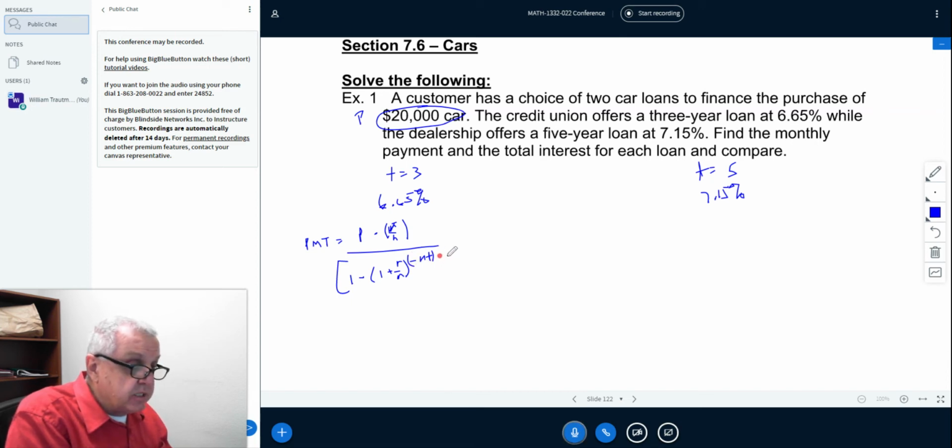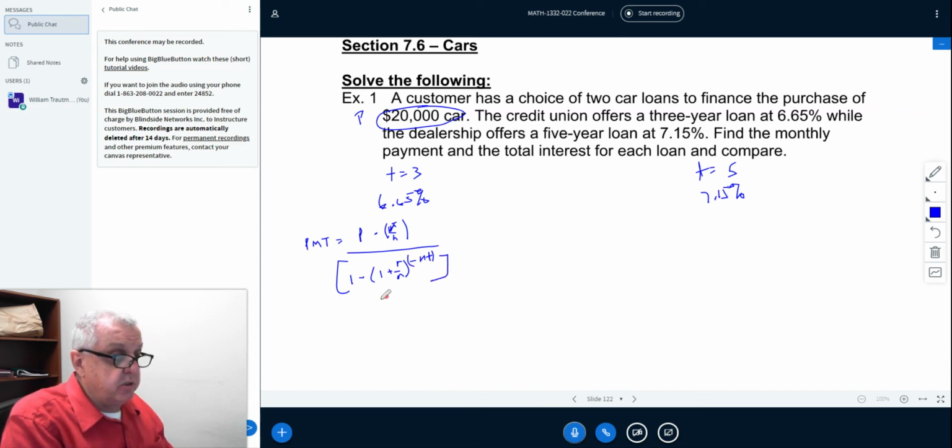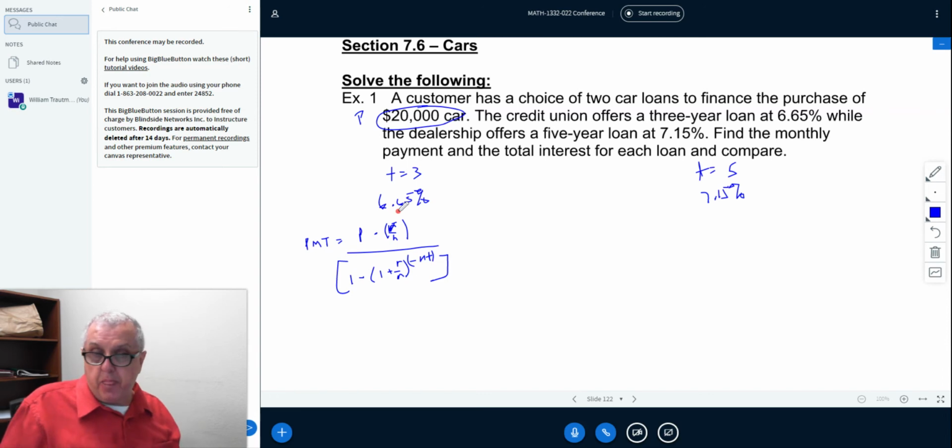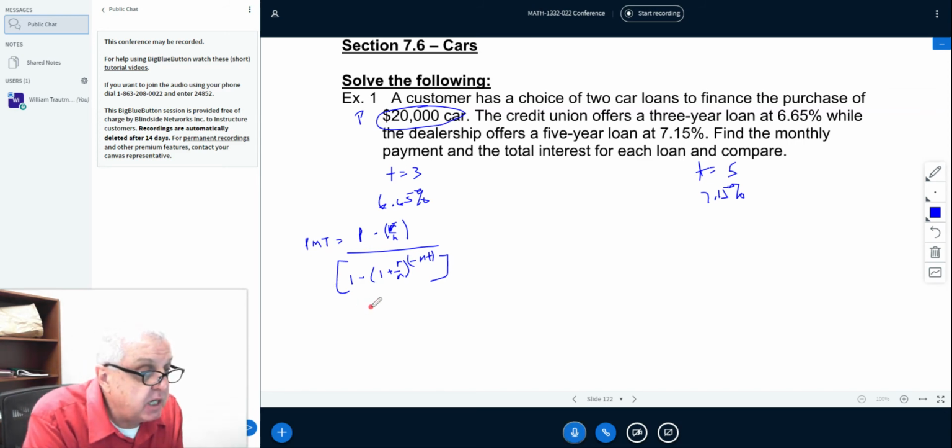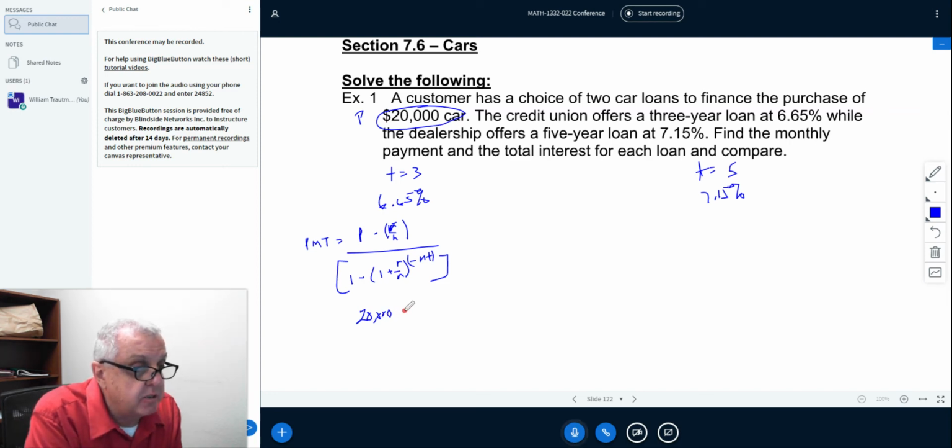And we're going to close that. So that's the formula. That's an r right there. Let's plug everything in twice. The principal is 20,000 times the interest rate for the first one, 6.65%.